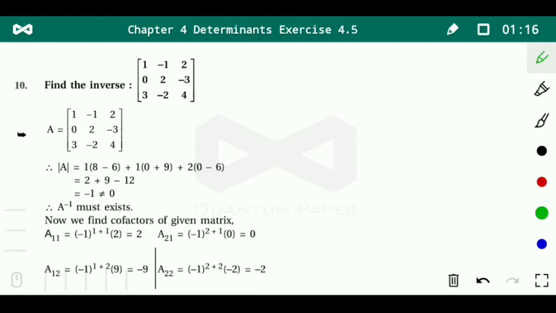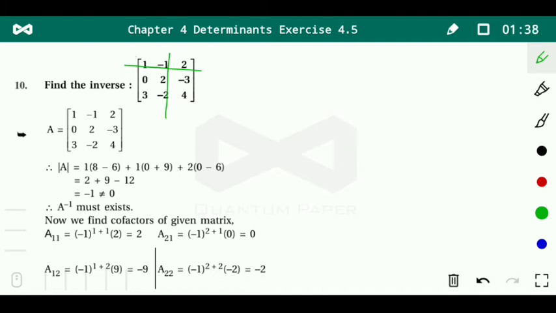Now see, we have to find them one by one. First we find capital A11. We remove the respective row and column, meaning the first row and first column. So 2 4s are 8 minus 6 will be 2. So the value of A11 is 2. Now capital A12. We remove first row, second column.